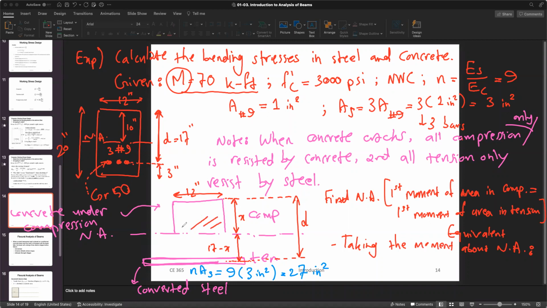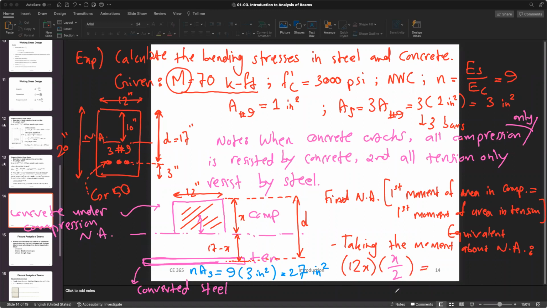You would say area, which is 12x, times the distance between the centroid of the area and the axis of interest, x over 2. This would be for the top.